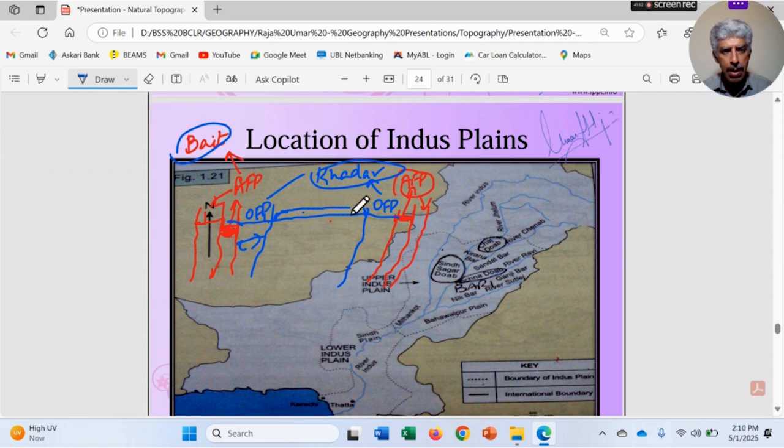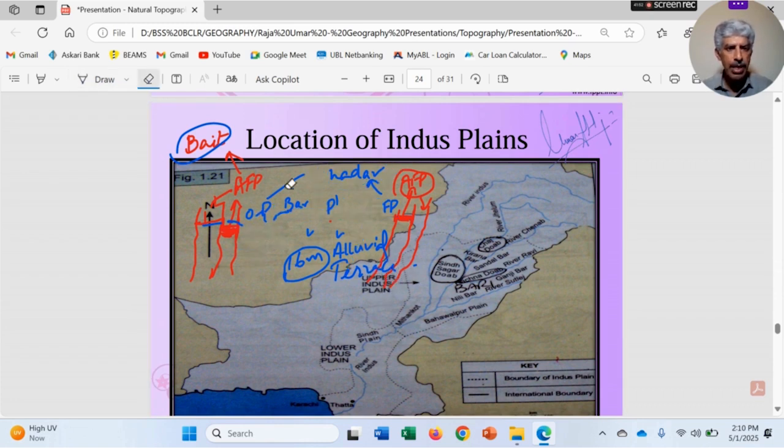And then there comes a bit higher flat region, and that height can be about 16 meters from the river level, and that is known as bar upland, or it is known as alluvial terrace. Alluvial terrace.